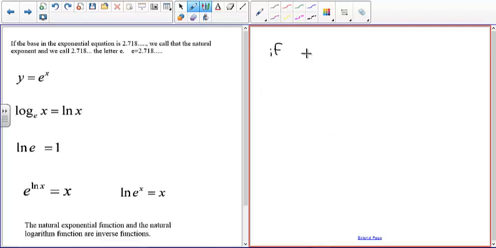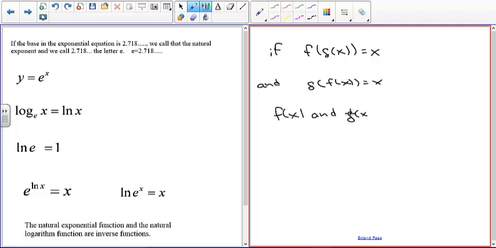If f of g of x equals x and g of f of x equals x, f of x and g of x are inverse functions.